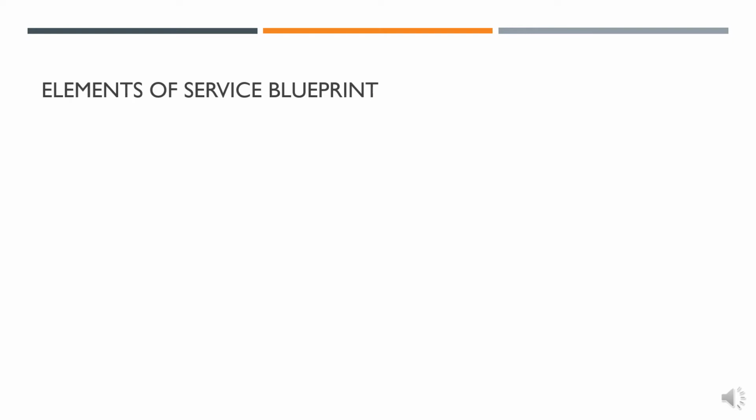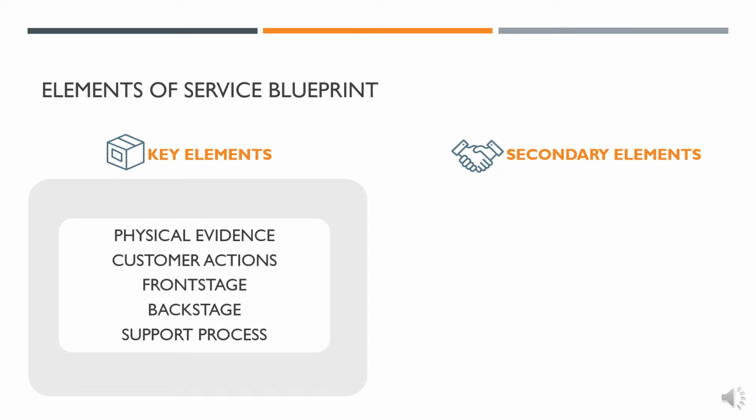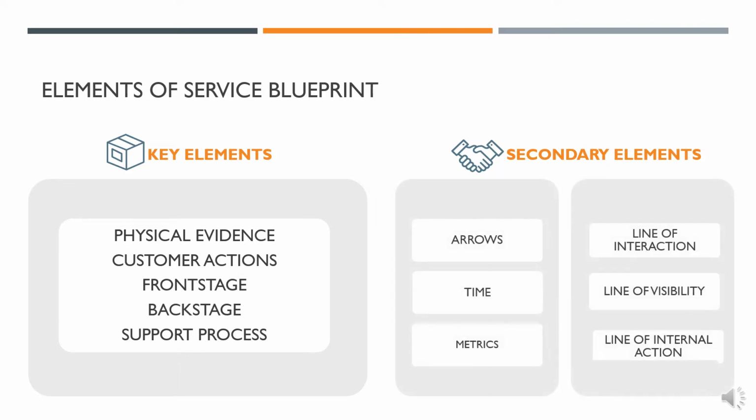Service blueprints typically contain 5 key elements that illustrate the main components of the service being mapped out. These key elements are physical evidence, customer actions, front stage, backstage, and support process. There are also secondary elements which are arrows, time, and metrics.